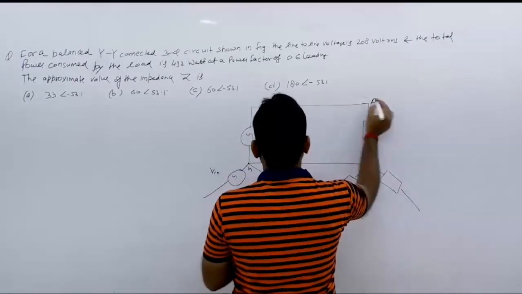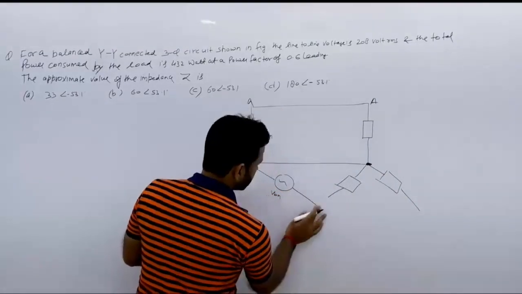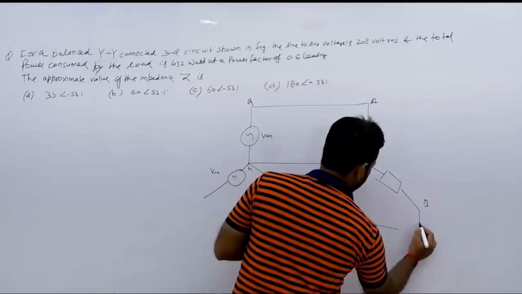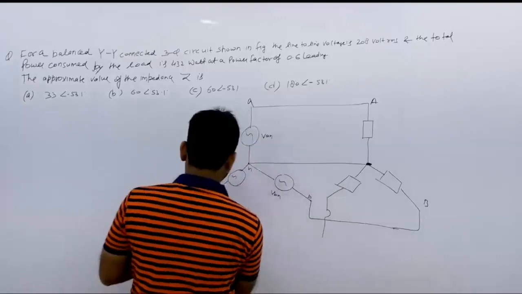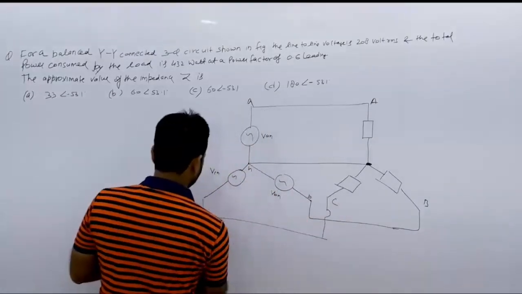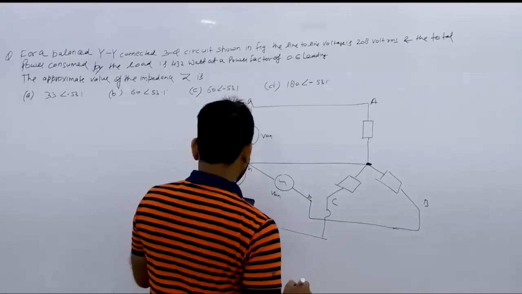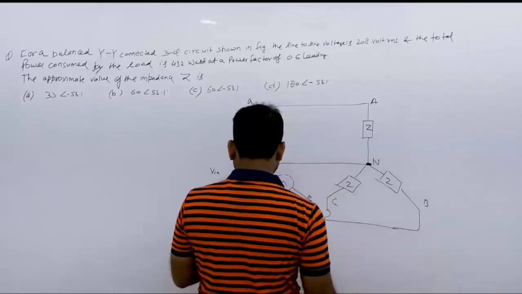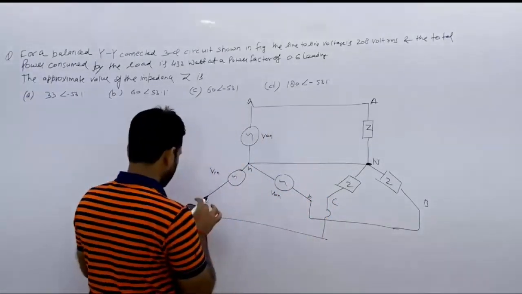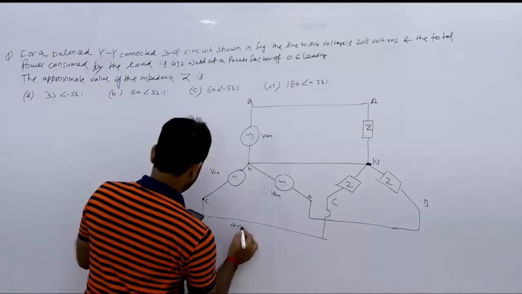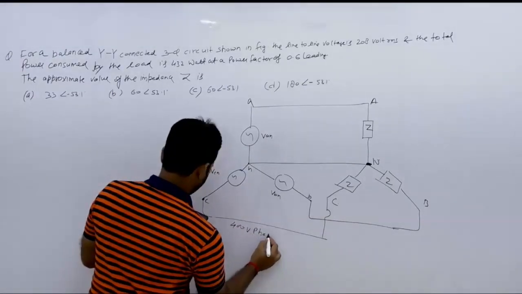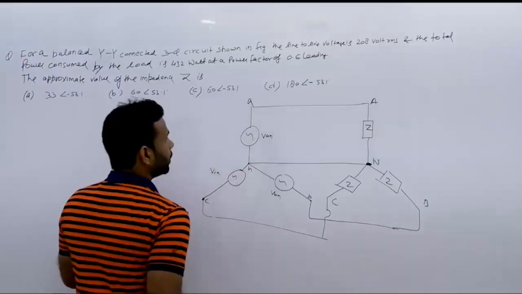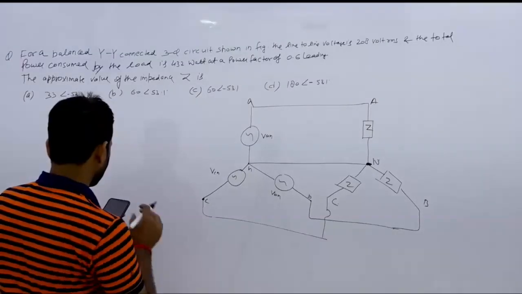So this is A, this is A. Okay, this is B, so this is B. Just connect like that, and this is C to C. This is capital C and this is small c, and it is marked as Z. This is capital N. And anything else on the diagram? Yes, 400 volt, phase source. Nothing else on the diagram.